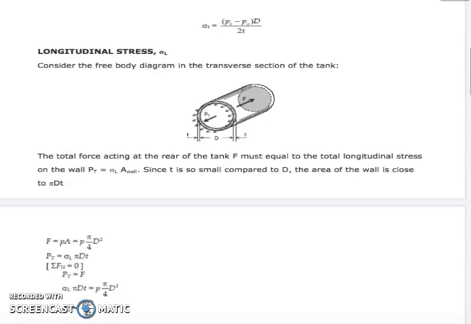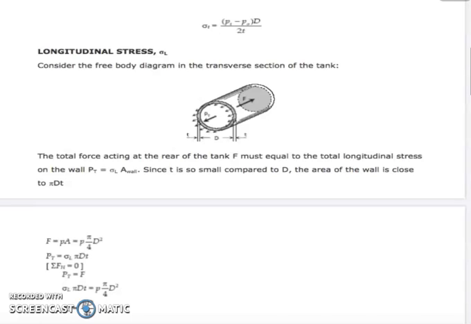Okay, let's have now the longitudinal stress. We consider the free body diagram in the transverse section of the tank. If you observe here, you have a force that is acting on the rear portion of the tank.